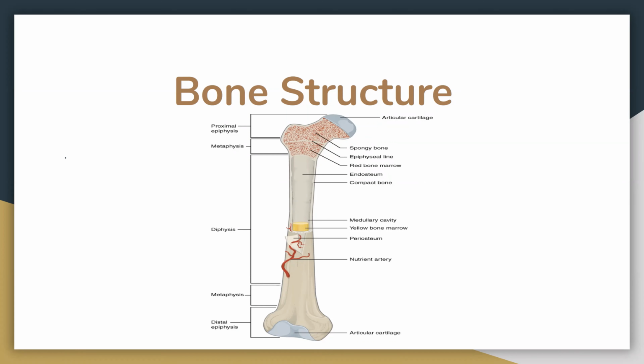Then you have the endosteum and compact bone, the medullary cavity, the yellow bone marrow that we were talking about, and the periosteum. And you also see how the nutrient-rich artery is feeding this bone. And on the left-hand side, you see how it's divided into proximal epiphysis, metaphysis, diaphysis, and then at the bottom, you also have the metaphysis and the distal epiphysis.